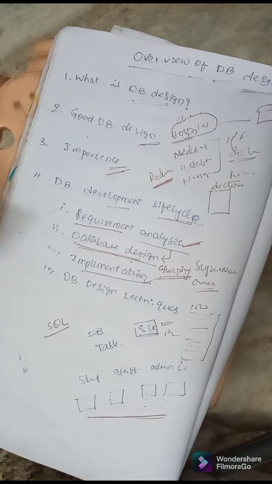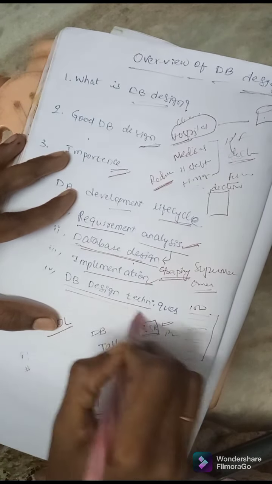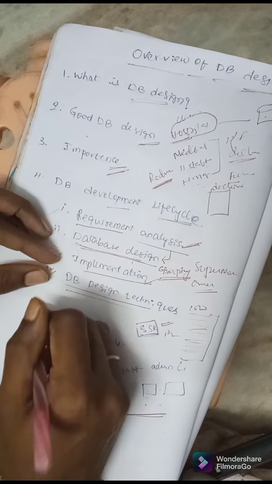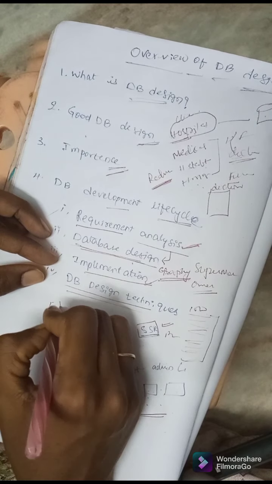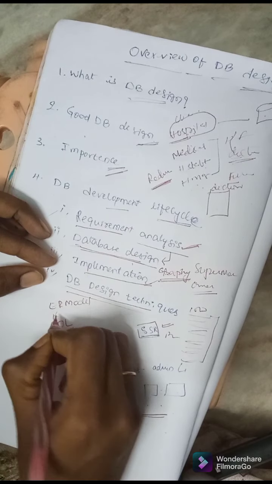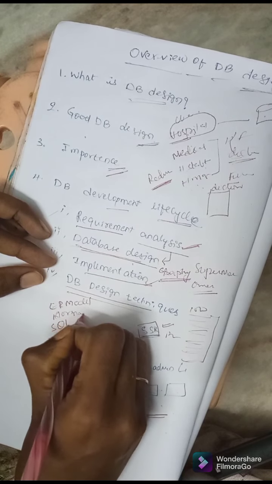Next and last, we have database designing techniques. The database can be designed with the help of two techniques. One is the ER model, the other is normalization.